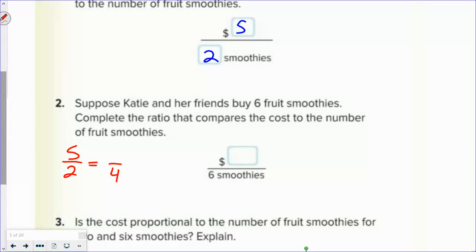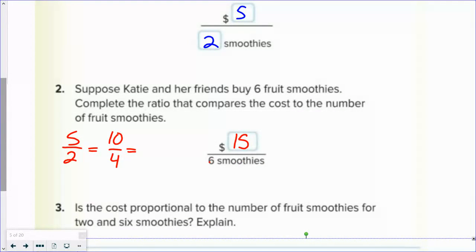Well, 2 times 2 is 4, and 5 times 2 is 10. What about if we had our 6 smoothies? We would multiply by 3. So 5 times 3 gives us $15 for the 6 smoothies. Those are all equivalent ratios.